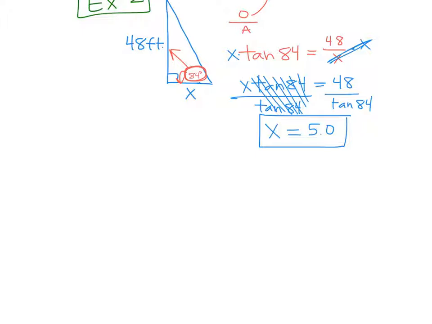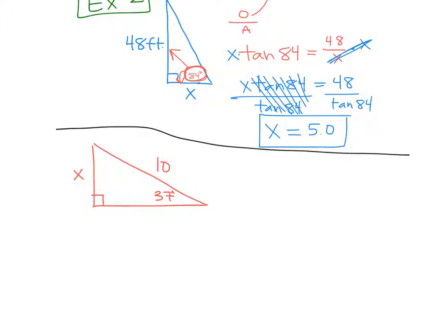Let's do another one. Where's 10? Okay, do this one with me. If you're having calculator issues, don't worry about it. I will clear those up as soon as we're done with the lesson.